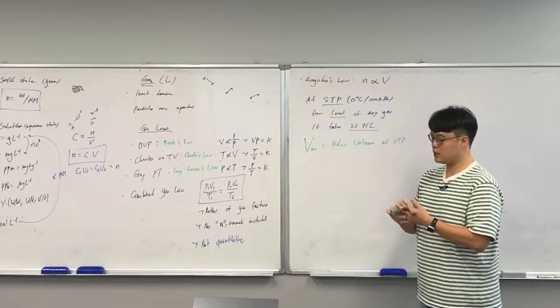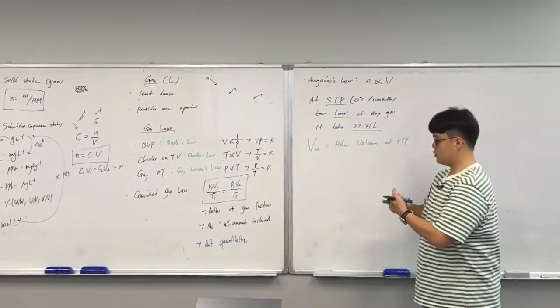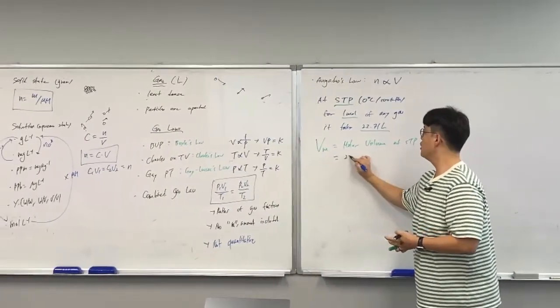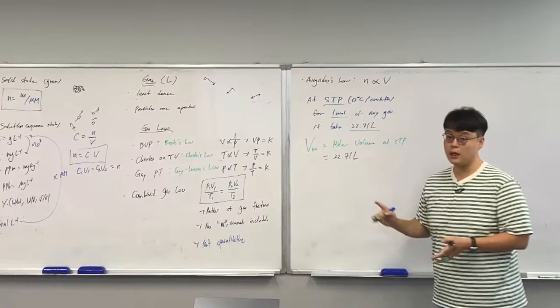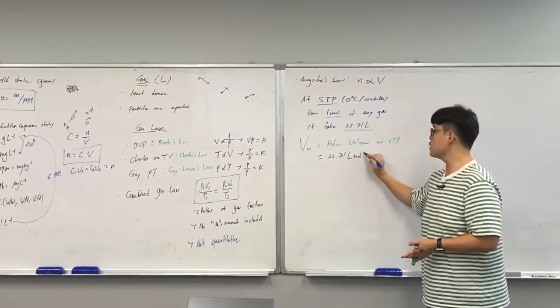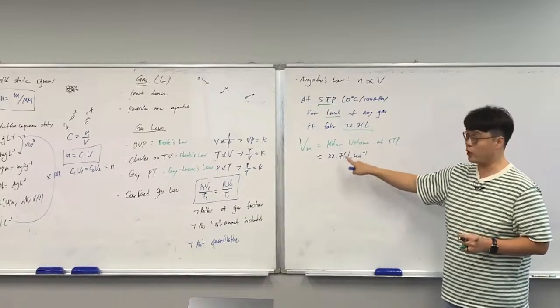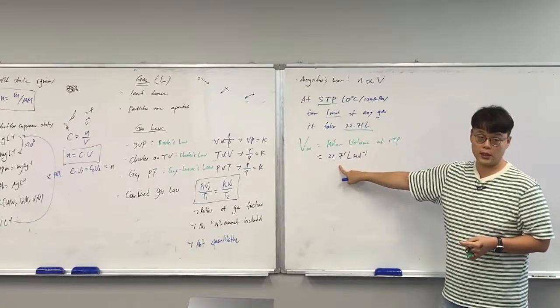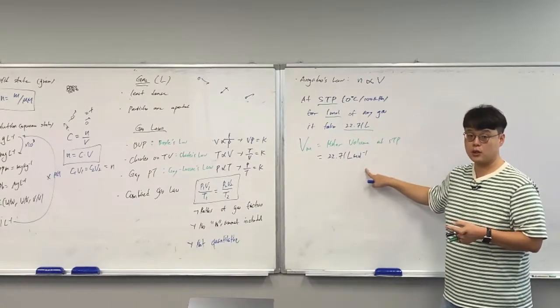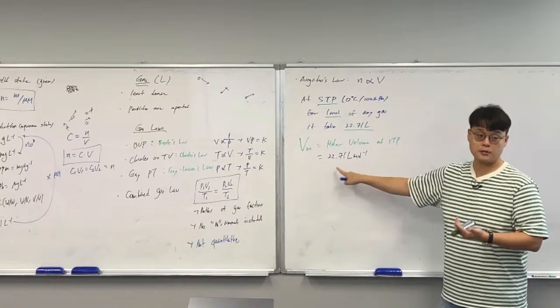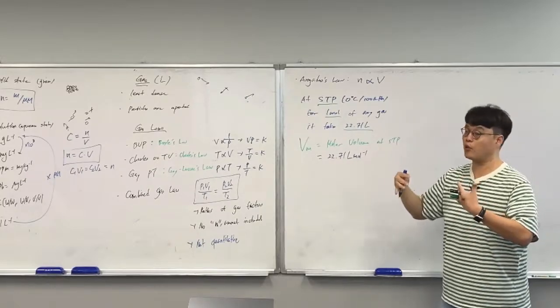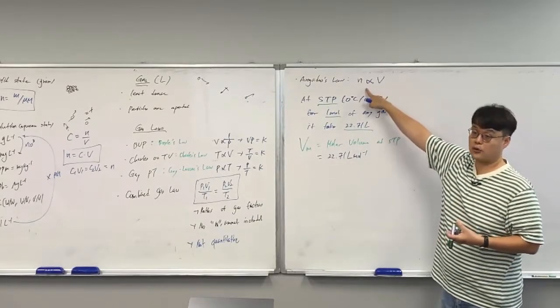It gives you 22.71 liters per mole. Remember this unit, guys. This means per mole of the gas at STP, we have 22.71 liters. If I have 2 moles, you have to times 2, 3 moles times 3. So it's proportional, which follows Avogadro's law.